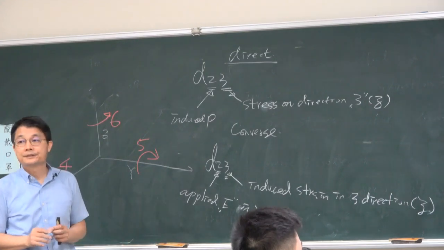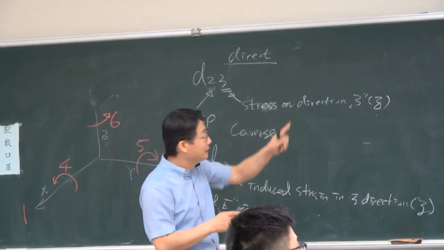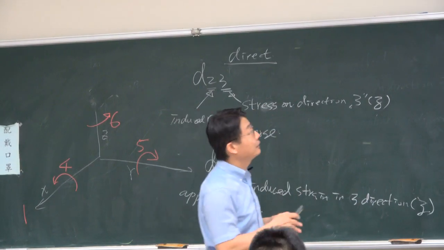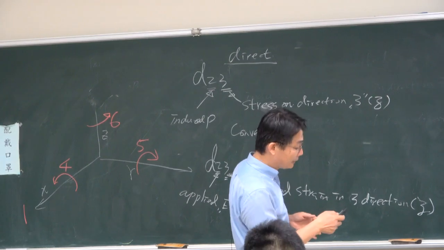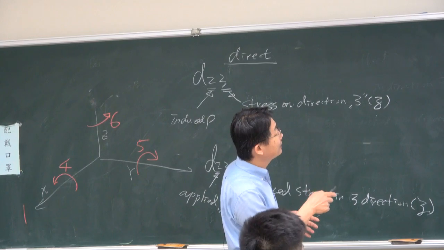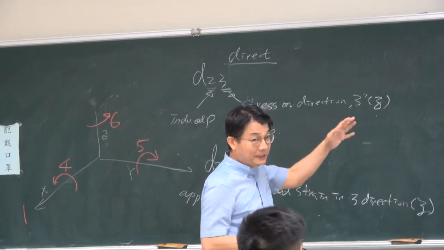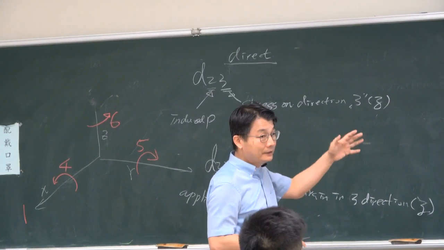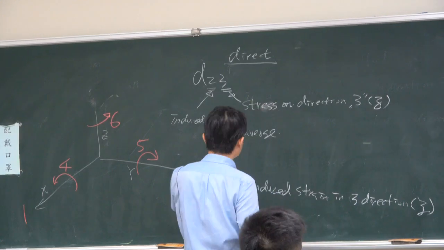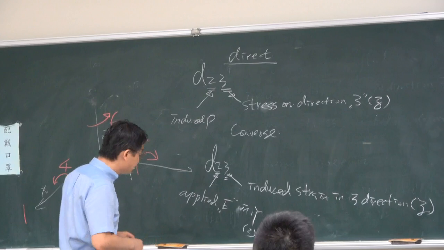Is that okay? If you know one example, you can change everything. And we call this the piezoelectric charge constant. There are many piezoelectric coefficients, and all of them use the same notation to represent piezoelectric constants.